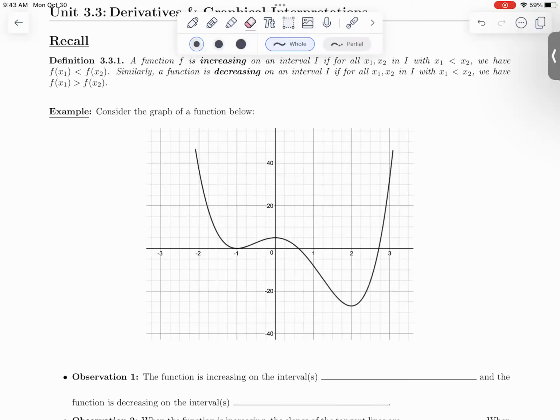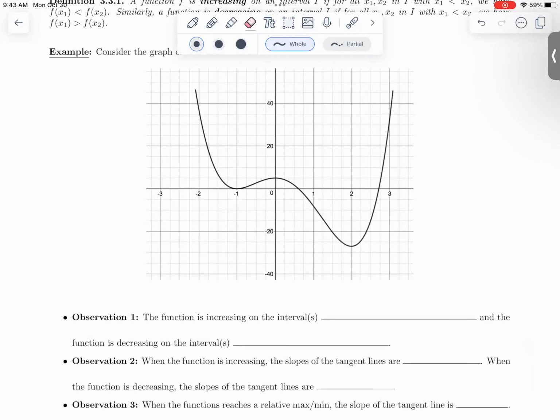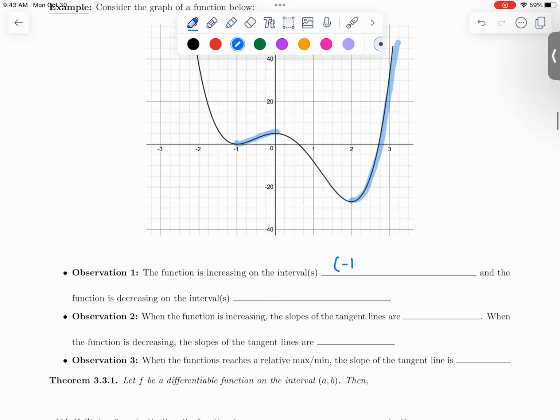So, some observations. The function is increasing on the following intervals. I'm going to highlight the curve. It's increasing right here and right here. So it's increasing from -1 to 0 and 2 to infinity.